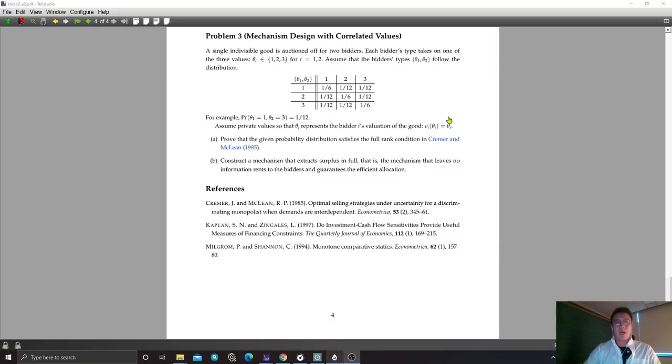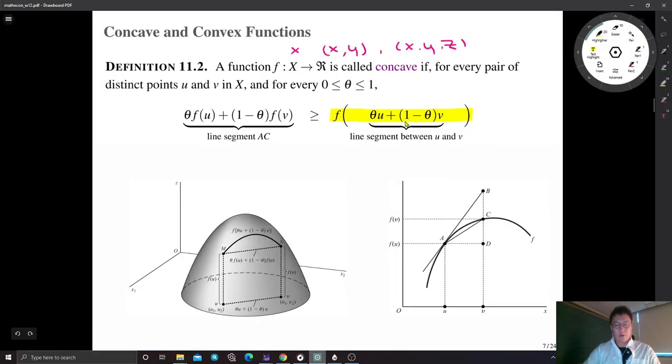Okay, so with this in hand, now let me go to this inequality. On the right side of the inequality, we have f of the line segment between u and v. This is a parametric equation of the line segment joining u and v. In the case of a single variable function, u and v will be two points on the horizontal axis, so the line segment between u and v will indicate this line segment.